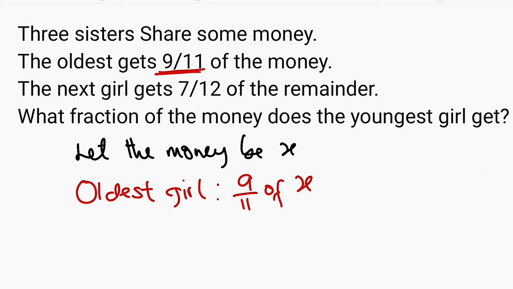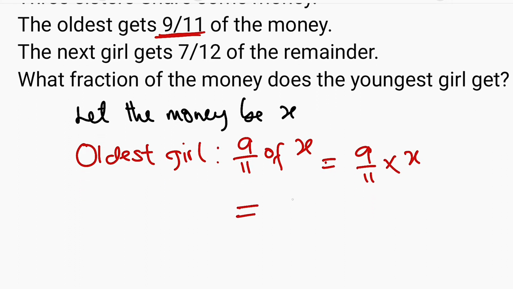And remember that of is multiplication. So this is 9/11 multiplied by X. And this is 9X divided by 11. So 9X/11 is what the oldest sister received.